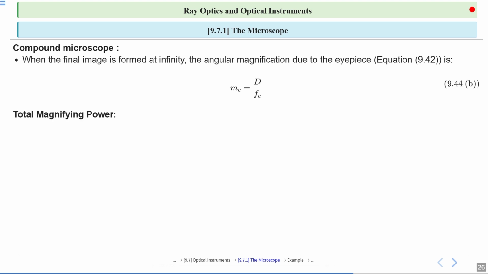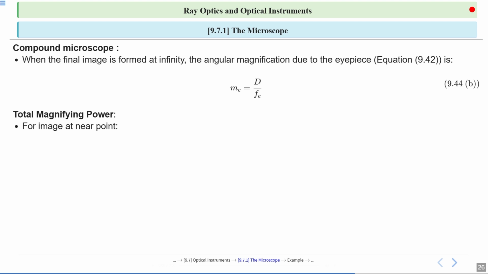Now let's talk about the total magnifying power of the microscope. This is the combination of magnification provided by both the objective lens and the eyepiece. Understanding this will help us appreciate how microscopes can magnify objects to such a great extent.